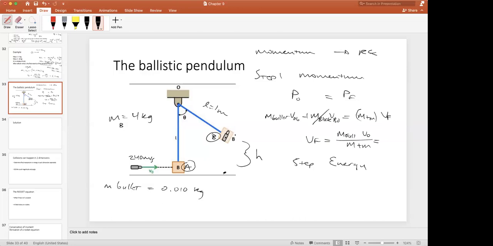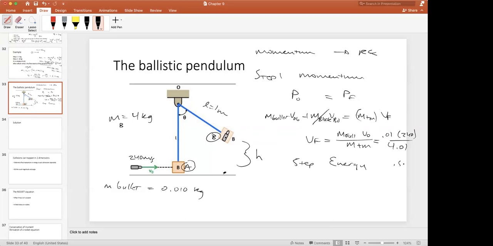And that you can see here would be 0.01 times 240 over 4.01. That is 0.01 times 240 divided by 4.01. 2.4 divided by 4.01 is 0.5985.